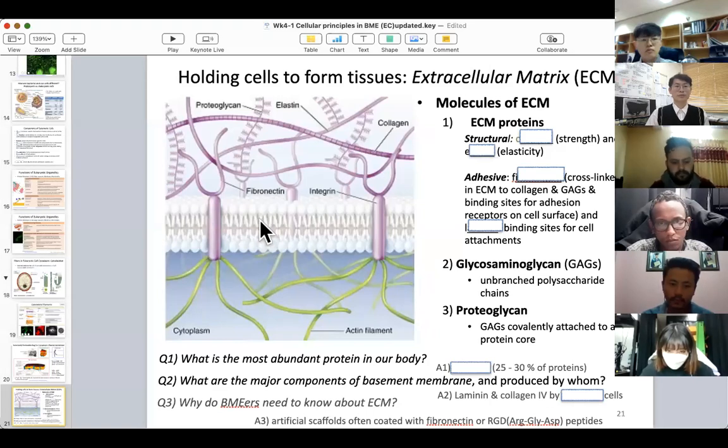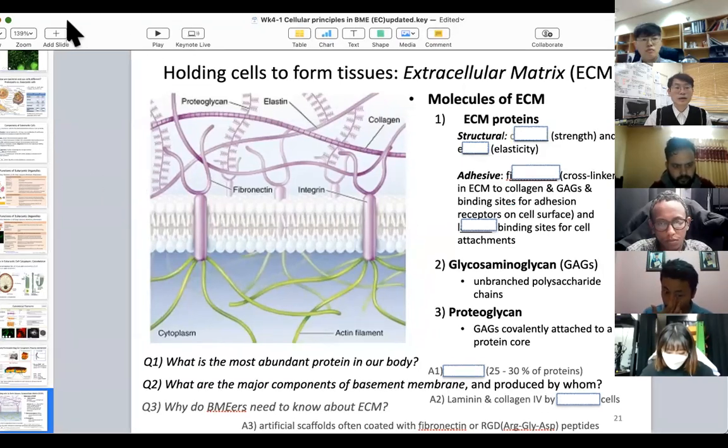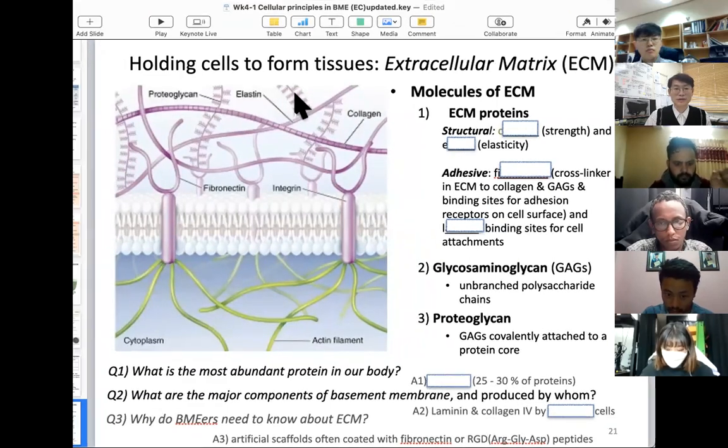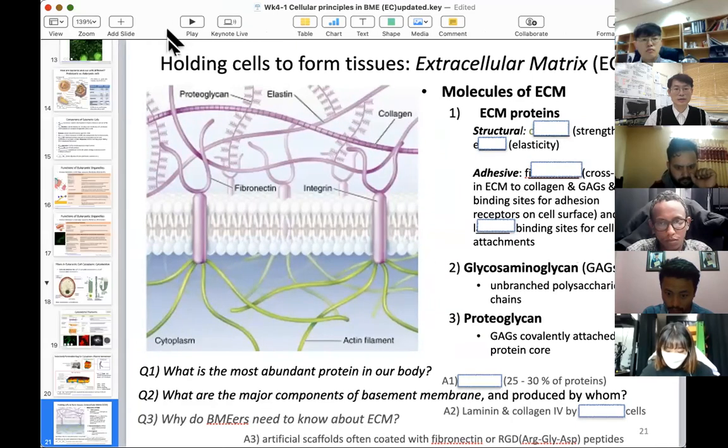Okay, can you see the PPT? Can you see the PPT now? Yeah, we can see. Okay. All right, so then I think I'll have to move it by my hand.